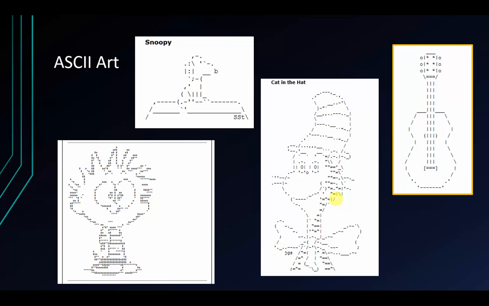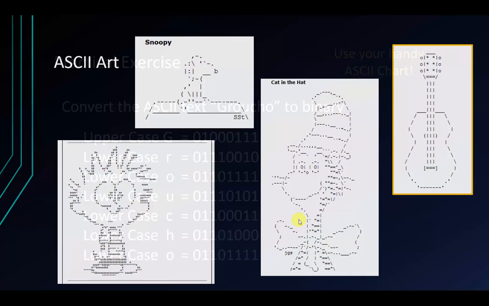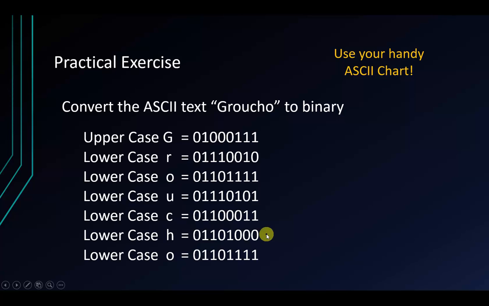Back in the beginning, when all we had were line printers that printed the standard characters on a keyboard, people still had the opportunity of having a little bit of fun on the printers and figured out ways to do ASCII art. As you can see, Snoopy and Calvin, the cat in the hat, and a guitar, and many, many more things were done on the printers. That pretty much wraps up our discussion on the ASCII art and the ASCII codes and the conversions.